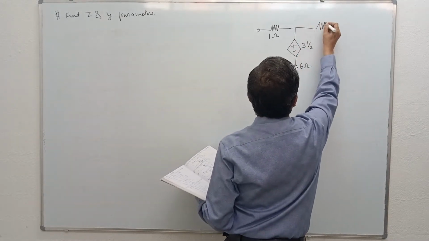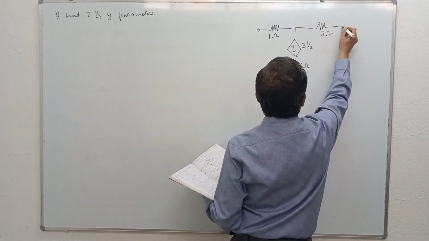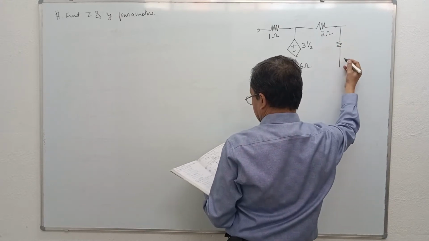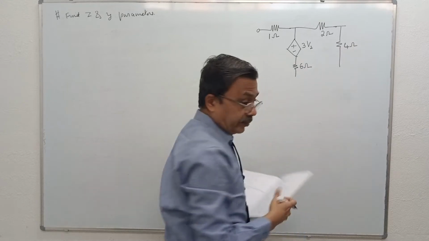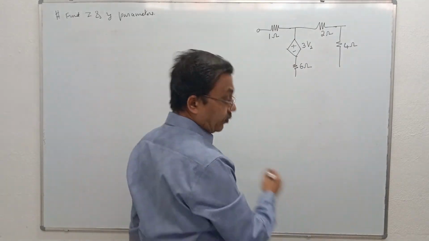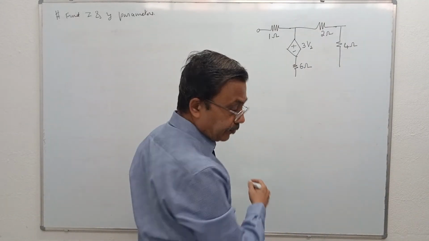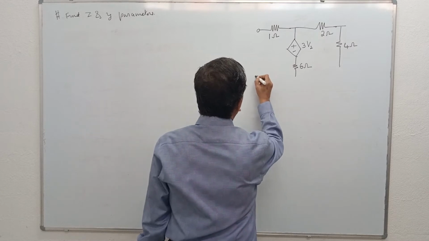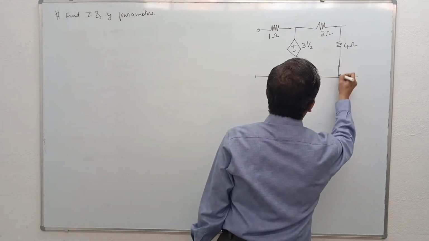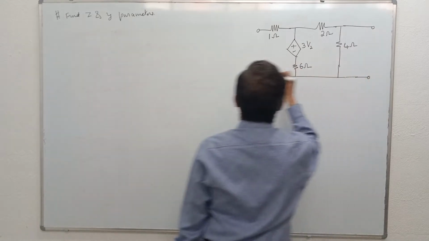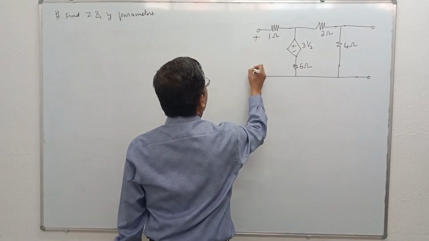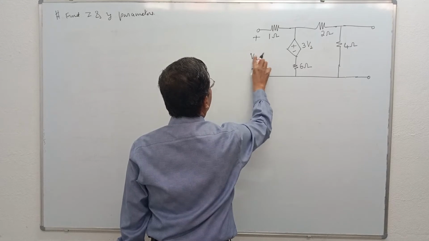Then we have a 2 ohm resistor followed by a 4 ohm resistor. This network is given to us.